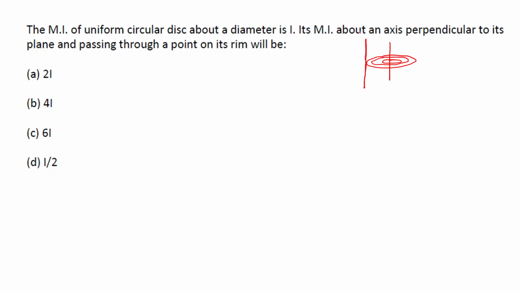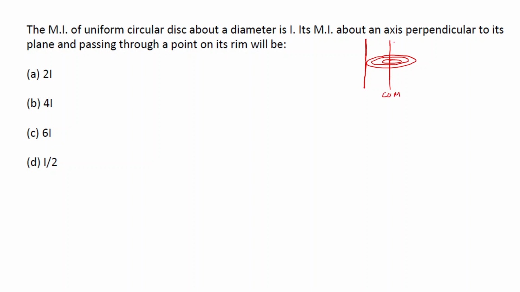It's asking us to calculate the moment of inertia about an axis perpendicular to the plane of this disk, right? This axis is perpendicular to the plane of this disk and passing through a point on its rim. So this is the circumference, or you can call it the rim, and the axis is passing through this, and it's also perpendicular to the disk plane, and this is the center of mass, right?